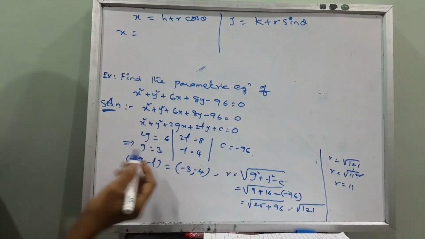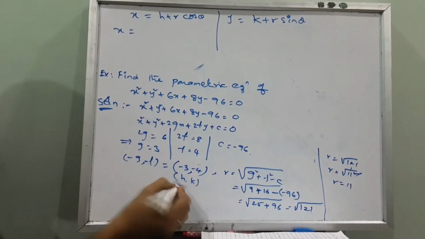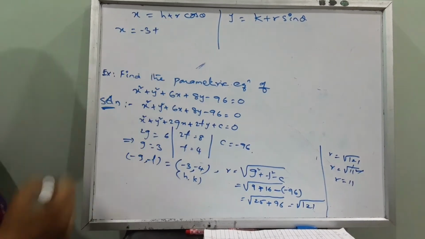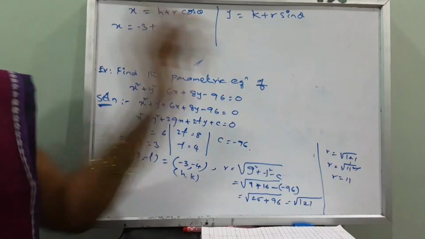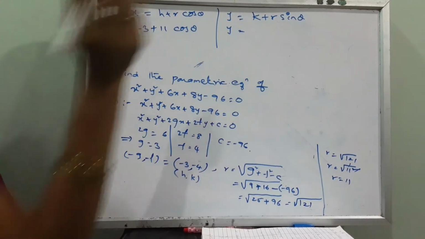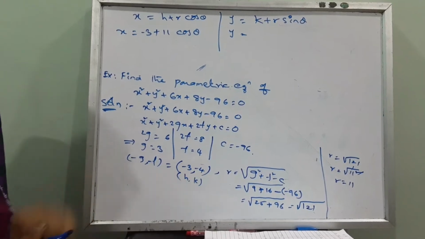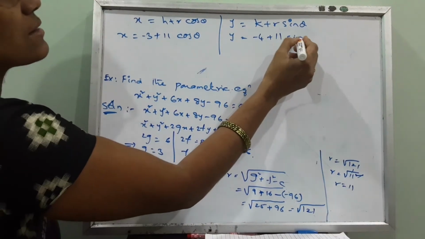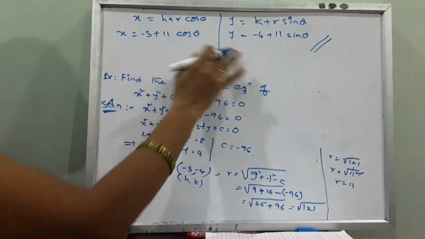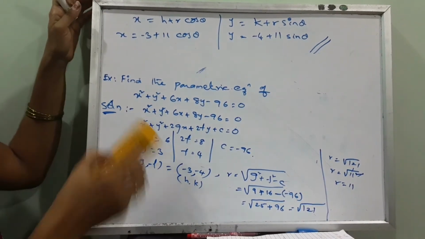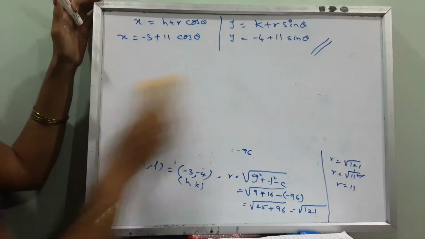Here (h, k) is the center. Here h is minus 3, so x is equal to minus 3 plus 11 cos theta. Y is equal to k, here k is minus 4, plus 11 sin theta. These are the parametric equations of the given circle. So parametric equations are completed.